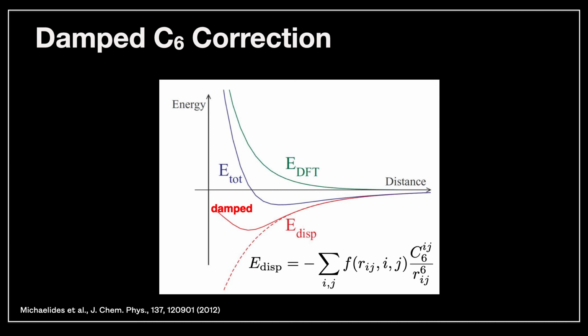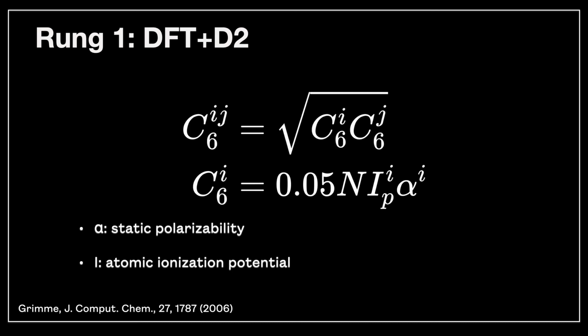We are far away from our goal of ab initio here, as I discussed in the previous part of this course, where I explained that with ab initio we would only base our result on the constants of nature. Here we are really getting dangerously far from there, since we have more and more parameters we want to work with. So there are other approaches, like for example DFT plus D2.